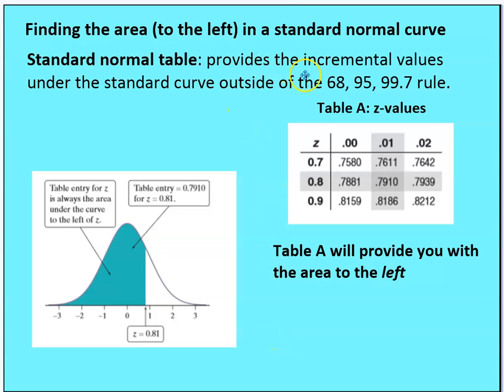Okay, so we're using this now because most of the time we're not going to end up with a z value that is some specific integer, and mostly it's going to be some portion of that z-score value. So not 1, 2, 3, 0, -1, -2, -3. Okay, so we need to be able to find this using a table and then also using a calculator. And that table is in the back of your book. It's called Table A. All right, so this is finding the area to the left.